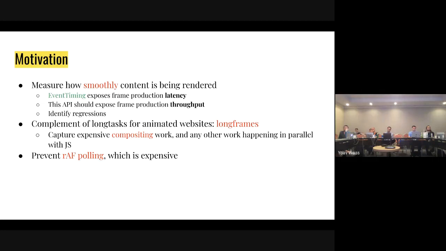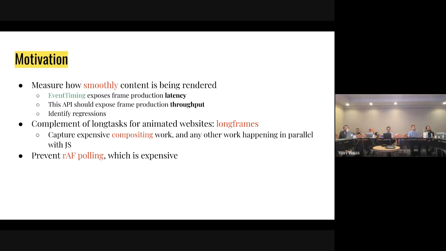For the previous proposal and for long frames in general, the idea is to capture expensive compositing work, which would not be otherwise captured in long tasks because it does not necessarily happen in the main thread. And right now, there are websites that use RAF calling to basically polyfill frame timing to detect how smoothly the content is being rendered.